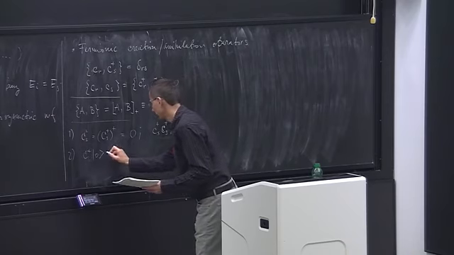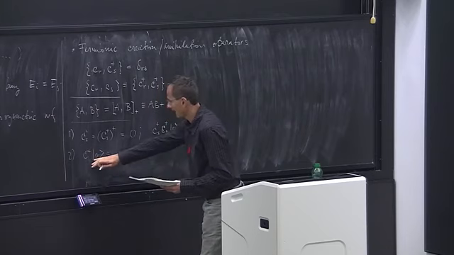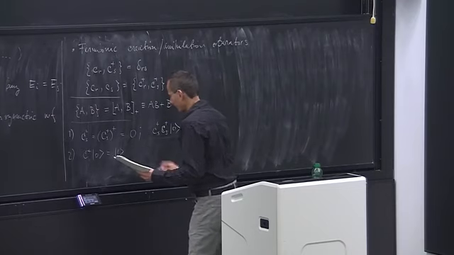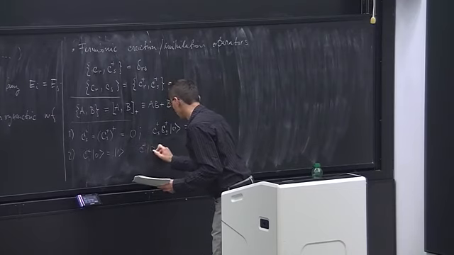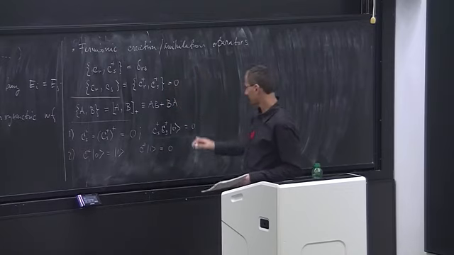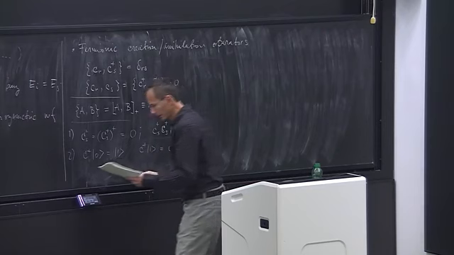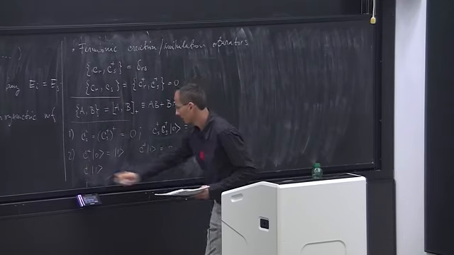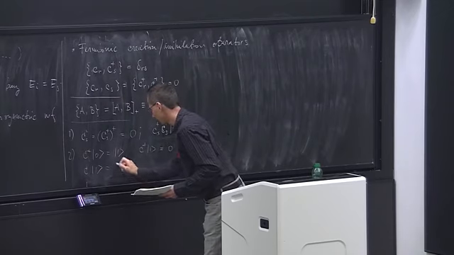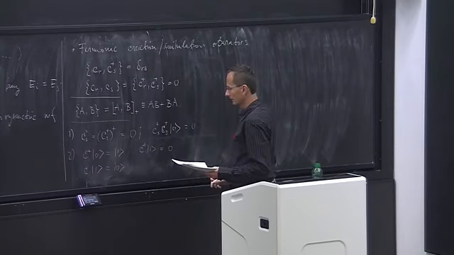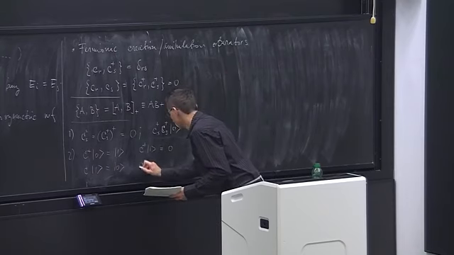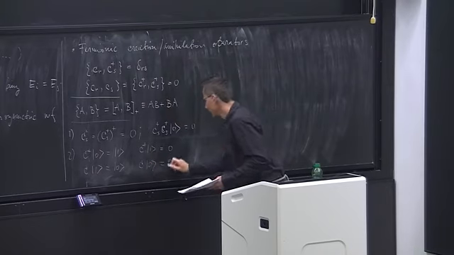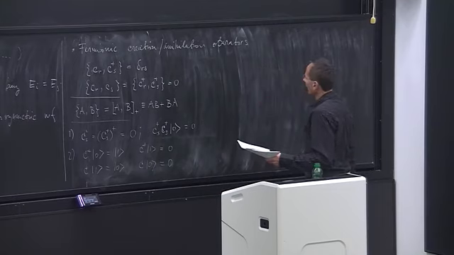When I hit the vacuum with the creation operator, I get a system with one state. When I try to hit it again with c dagger, then I get nothing. That's just a consequence of this. Similarly, when I hit a state with one fermion with the annihilation operator, I get a state with 0 fermions. And when I try to annihilate a fermion that is not there in the ground state, I get 0 again.